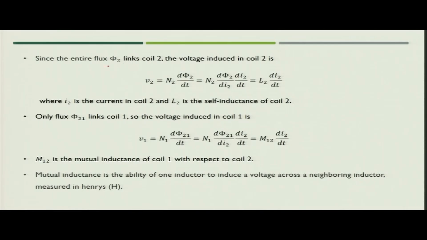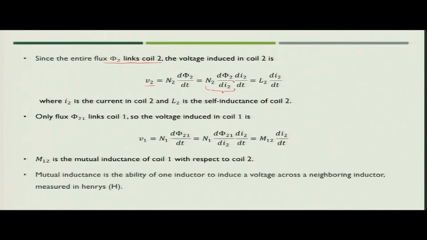Now, as in the case of coil 1, in this case also you will see phi 2 will link completely to coil 2. So, what can we write? V2 is nothing but N2, where N2 is the number of turns in the second coil, d phi 2 by dt, or if we rearrange it, it can be written as N2 into d phi 2 by dI2 into dI2 by dt.